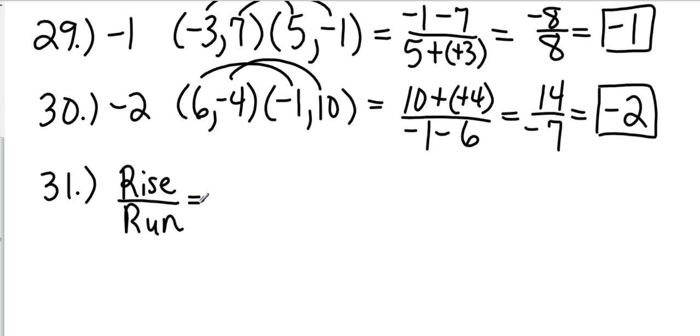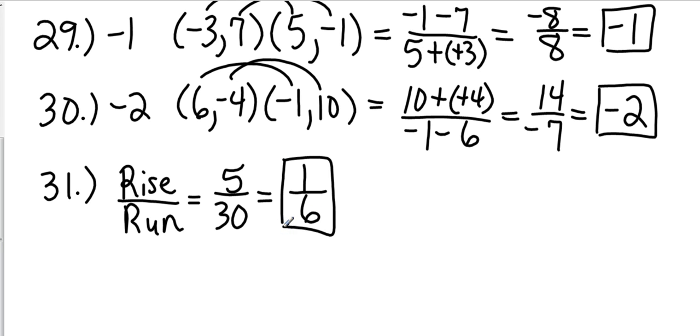So this says a lizard is crawling up a hill that rises 5 feet for every horizontal change of 30 feet. Okay, so it rises 5 feet. Horizontal change, that's going to be its run. We run horizontally, so that's going to be 30. And I'm going to reduce that by the factor of 5. 5 goes into 5 once, 5 goes into 30 6 times.